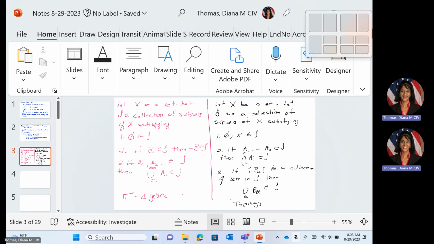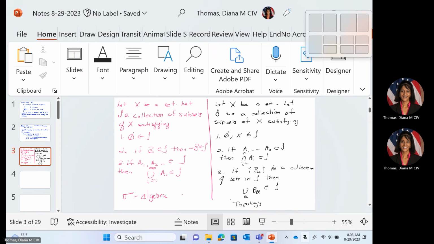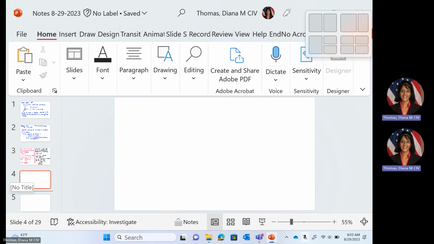Let me see if I can fix this up. Okay, so there we go. Now I'm going to show you an example of something that satisfies the sigma algebra definition but is not a topology. That was a little difficult to do because you have to go to the idea of measures, which I'm not going to do.